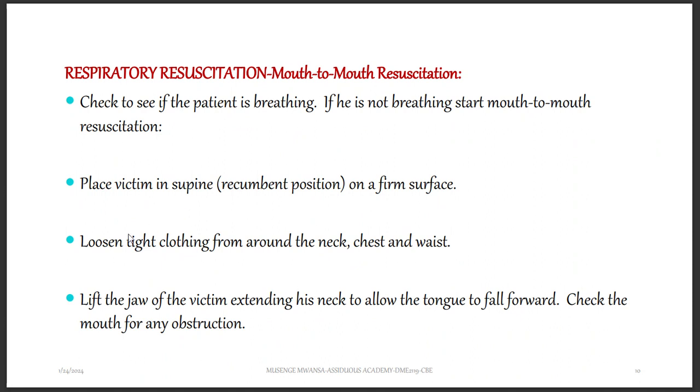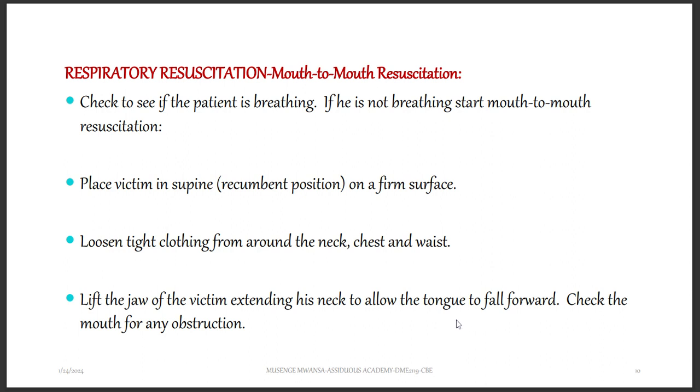What you also want to do is loosen tight clothing from around the neck, chest and waist. Anything that is tight, remove it. Now you lift the jaw of the victim, and the reason you are lifting the jaw is you want to extend the neck to allow the tongue to fall forward.